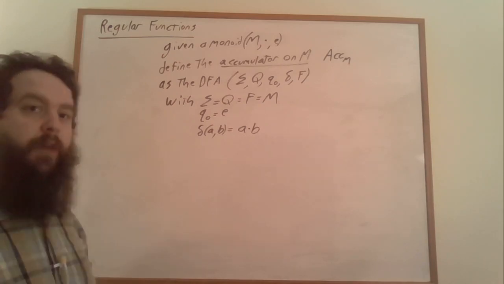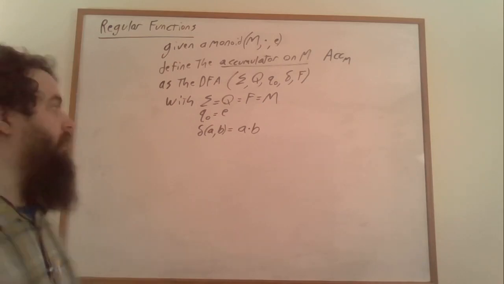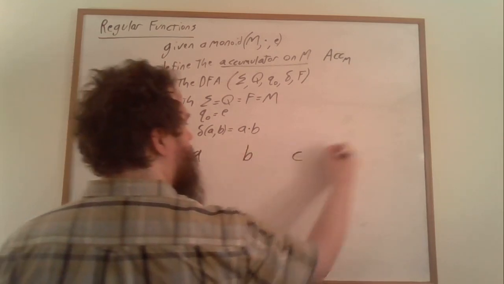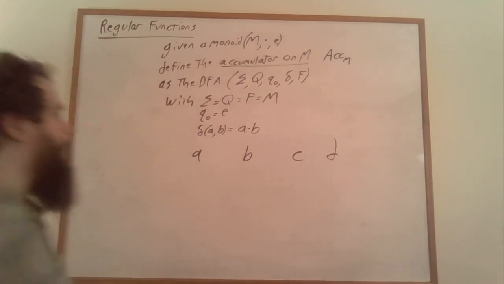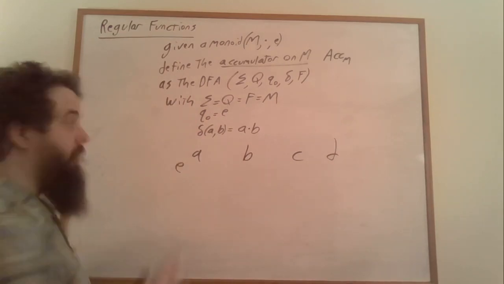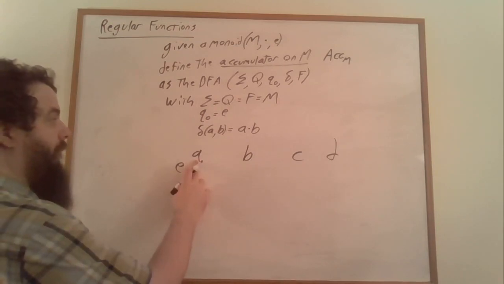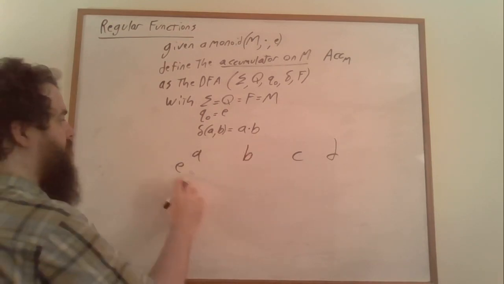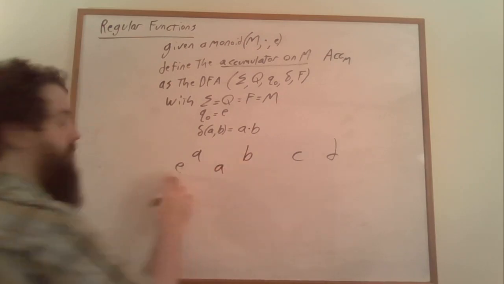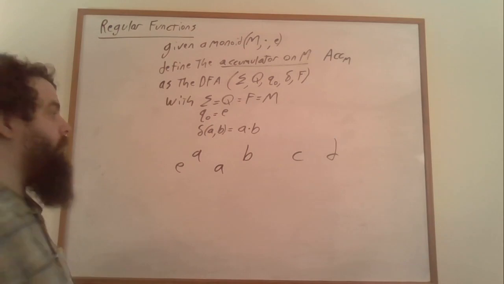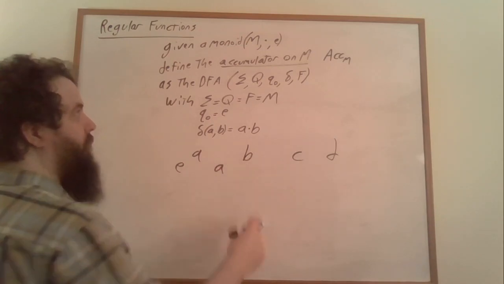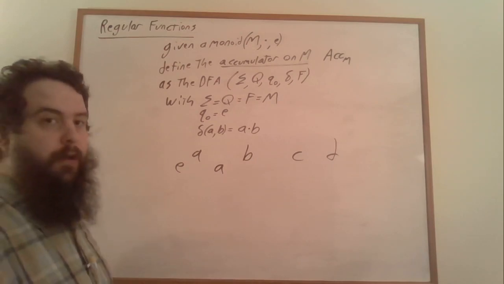operation is. So in general, if we read in the sequence of characters A, B, C, D, we'll start off in the identity element state, and then we multiply by A on the right. So E dot A is just going to be A, because this is the identity element of the monoid. And then we do A dot B to get the next element, and we have to calculate this in the monoid.